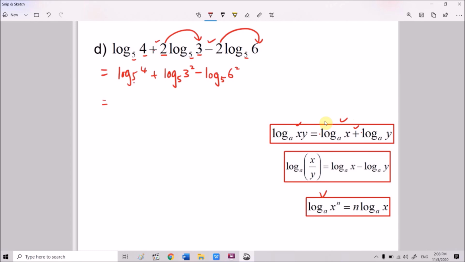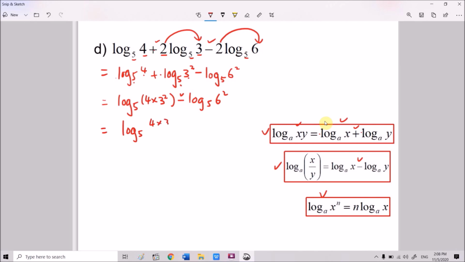So now they have the same base, and no values in front, so we can combine. So the 4 and the 3 to the power of 2 here becomes log base 5. Using the product law, I have 4 times 3 to the power of 2. Since this is a minus here, we can use the division law. So we simplify this by using the division law.